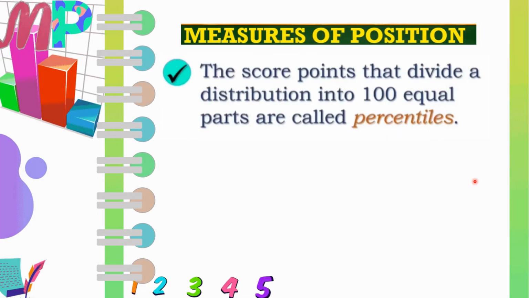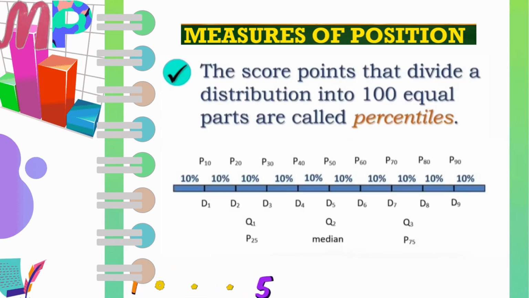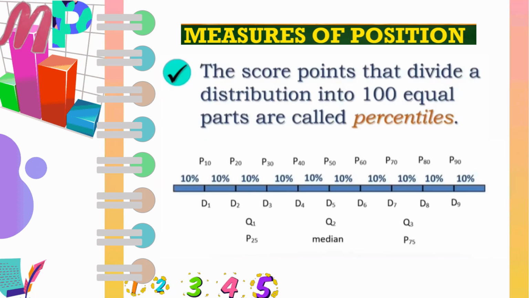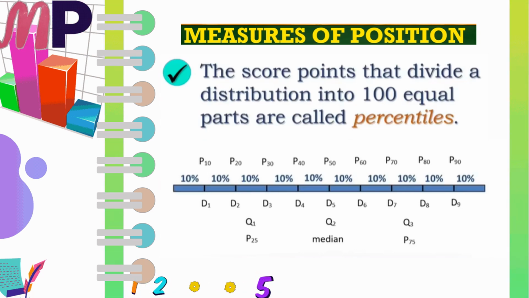The score points that divide the distribution into 100 equal parts are called percentiles. And there are 99 of them, from the first percentile to the 99th percentile. The division of the distribution into 100 equal parts may be interpreted in a similar fashion as those of quartiles and deciles.